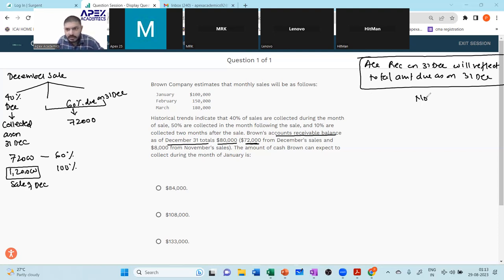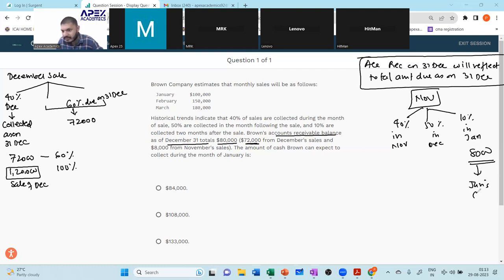Now look at November. What will happen for November? 40% in November, 50% is collected in December, and 10% is collected in Jan. I will not calculate the 100% sales of November because I know that this 80% is going to be Jan's collection.